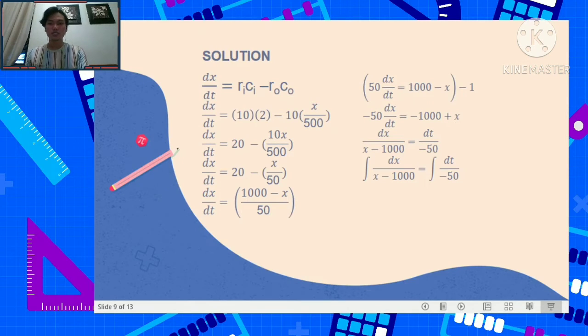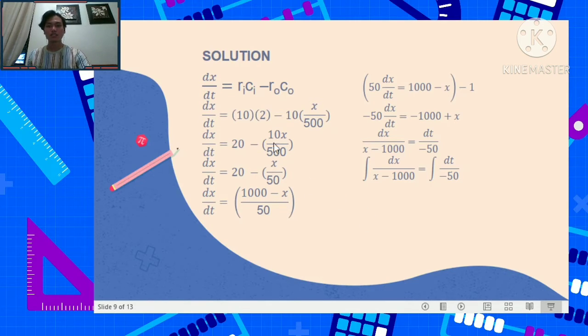Then, the solutions. We will use dx over dt equals r sub i, c sub i minus r sub o, c sub o. Then we will simply plug in the given. And for c sub o, we will use x over v, where v is equal to 500. And then simplify. And we will have 20 minus 10x over 500.